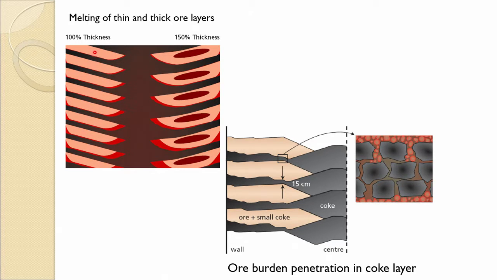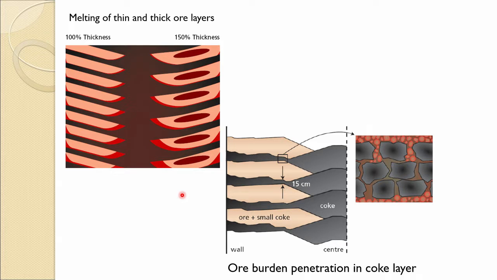Normal is 100% thick, and if you are increasing the thickness, essentially what is happening is that the center of it is not getting reduced properly, and this travels down, and then this reduction will occur in the lower part of the furnace, where the direct reduction is endothermic and more heat would be consumed, and as we discussed, the chilling and other effects can come into the picture, and operation may not be a smooth one.